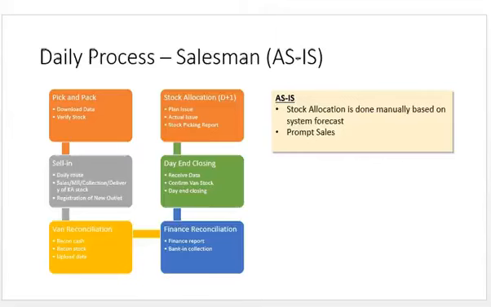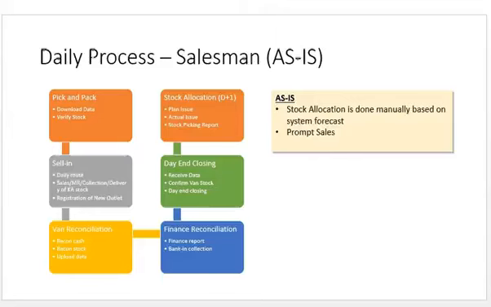Because as I mentioned in the previous video, on the pallet, the stocks are arranged based on the van. So if it's salesman van 001, he would go to the 001 pallet and check whether it tallies or not.